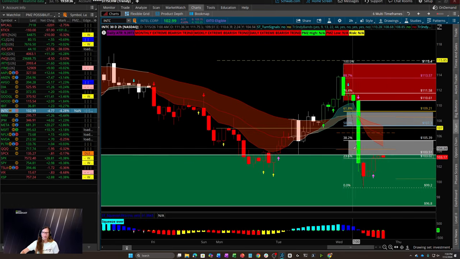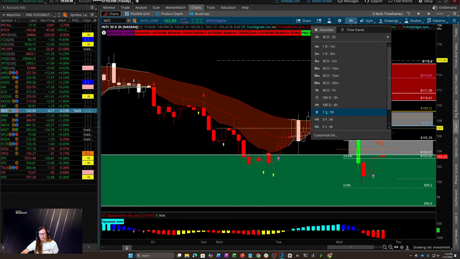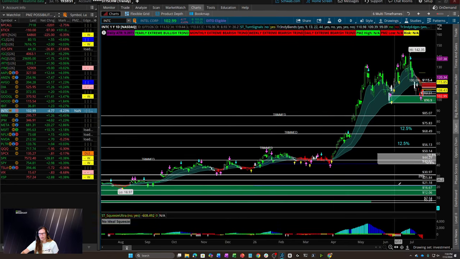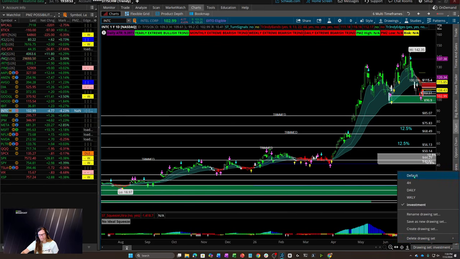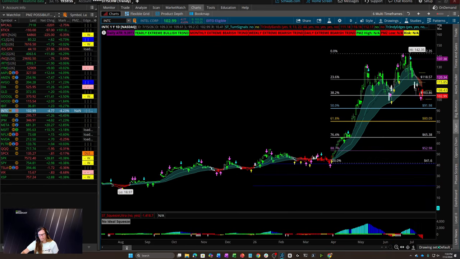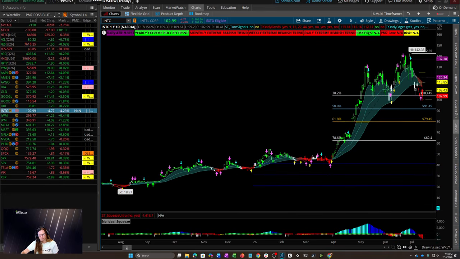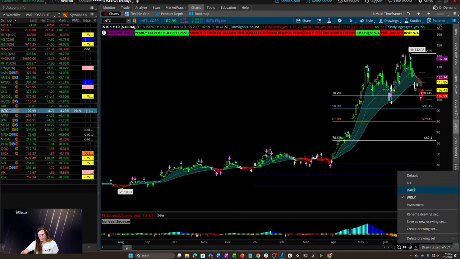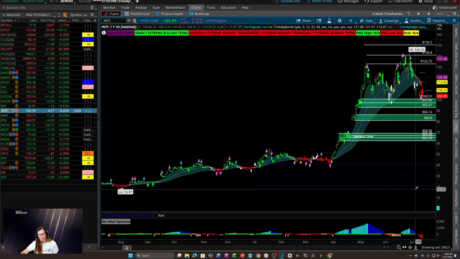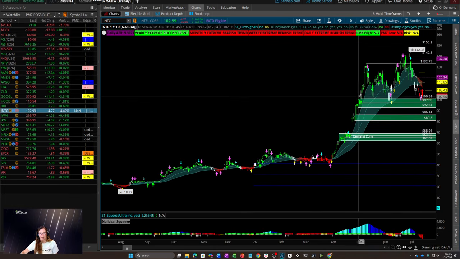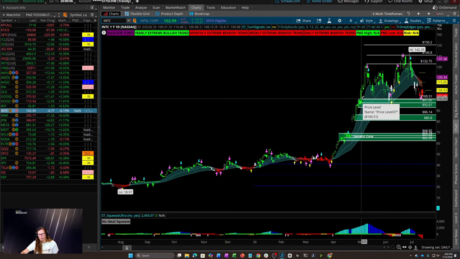Let's say I was trading Intel, though, for a swing trade, because this is a buy zone on an intraday chart, but it's also, I'll show you. I don't know where I put it. It's also a buy zone on a daily chart.